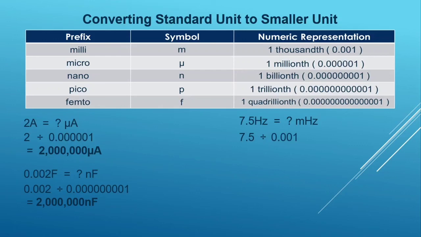And then if you divide 7.5 by 0.001, we will have an answer of 7,500 millihertz. So those are the process of converting standard unit to a smaller unit.